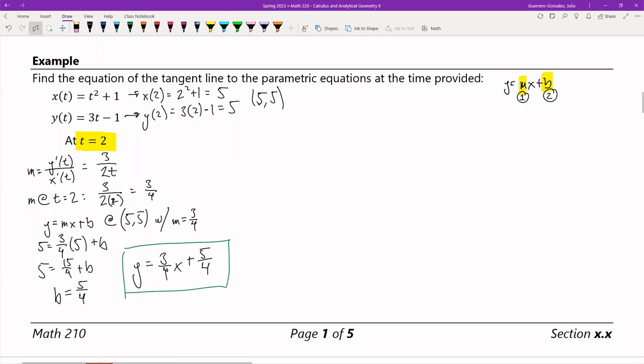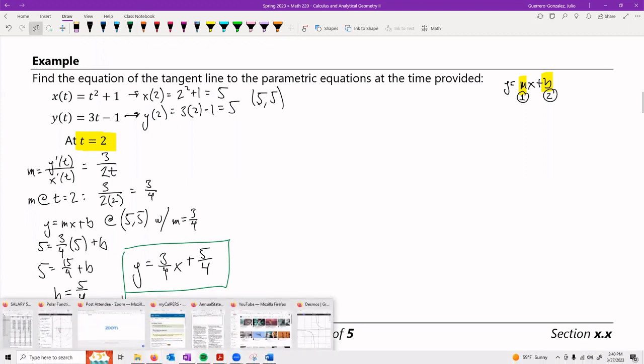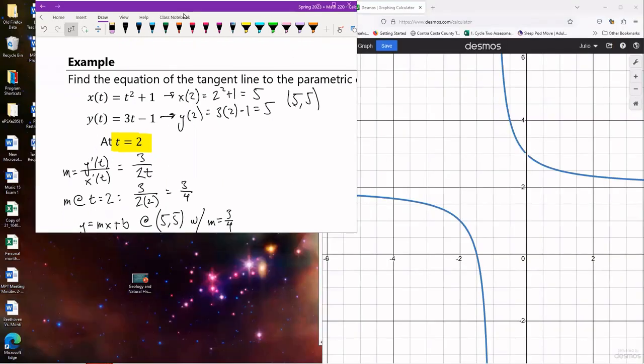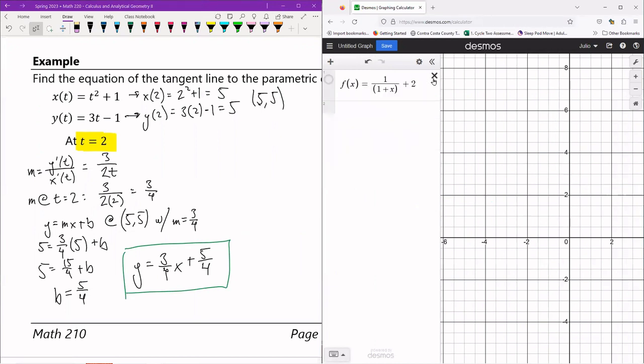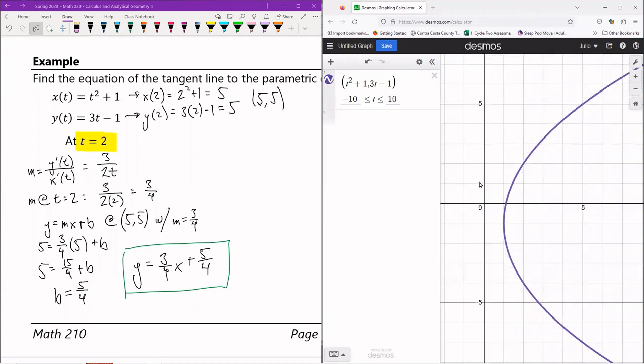Okay, so again, for kicks and giggles, let's go ahead and open up Desmos. We'll do a split screen here, so we'll maintain the split screen. I'm going to get rid of those and enter t squared plus 1, comma, 3t minus 1, and make this go from negative 10 to 10. So now let's see what this graph looks like.